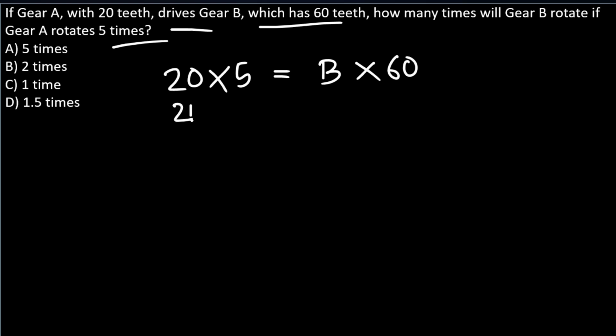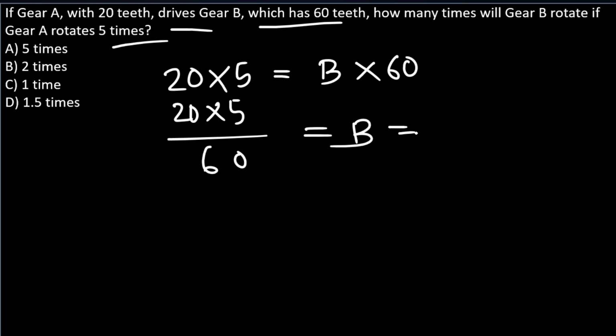So here 20 times 5 over 60 equals B, the rotation of the B gear.